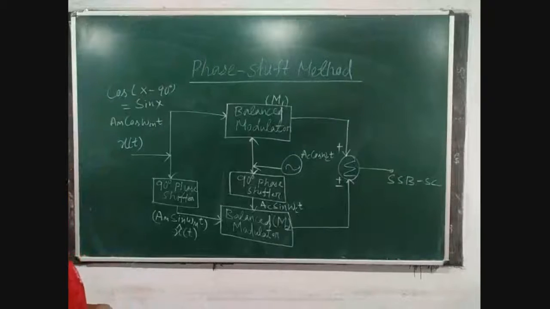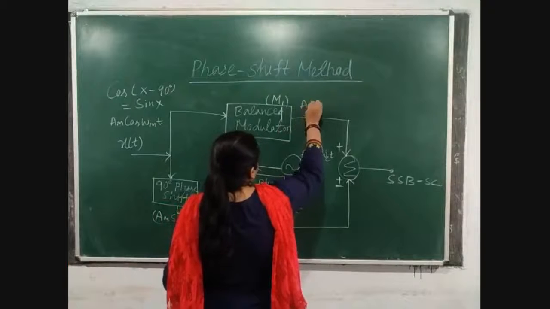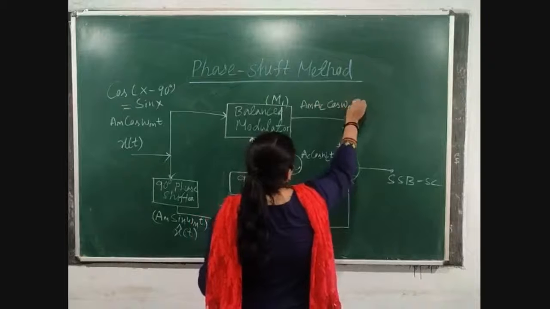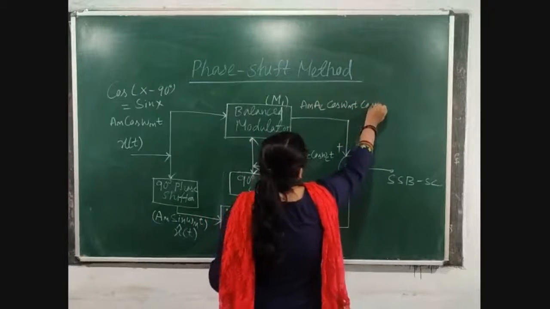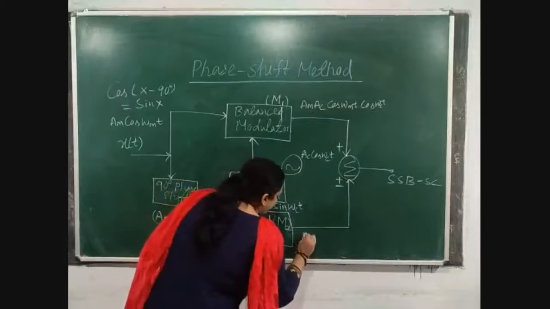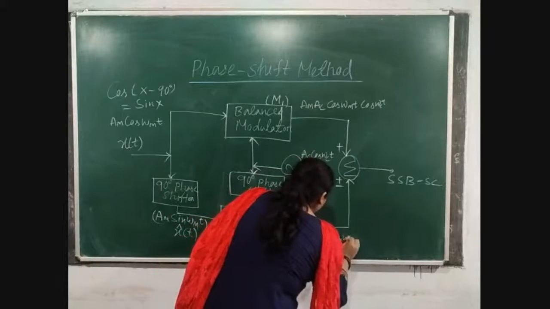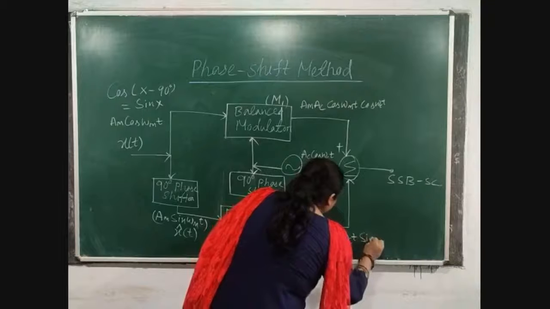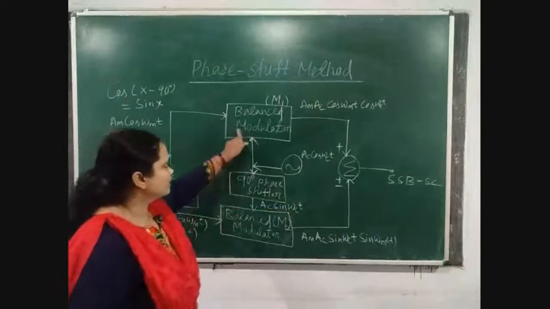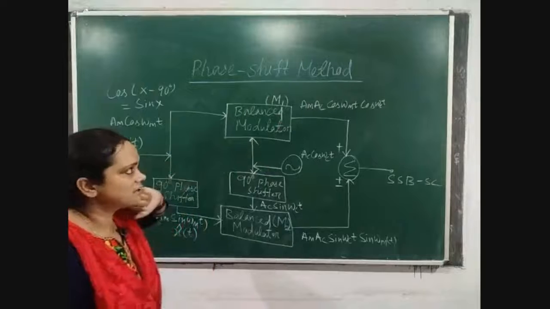The output of balanced modulator M1 is Am Ac cos ωmt cos ωct.